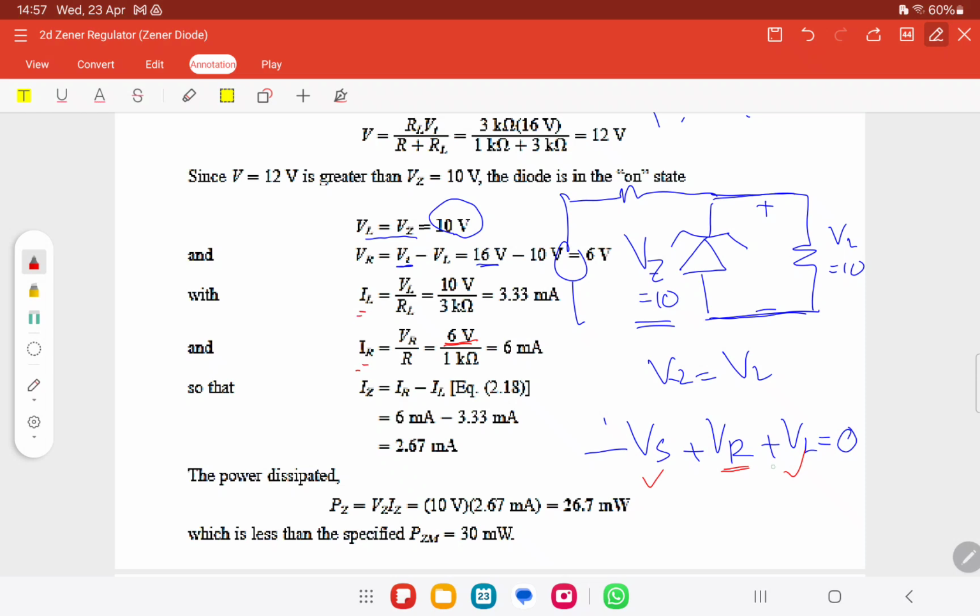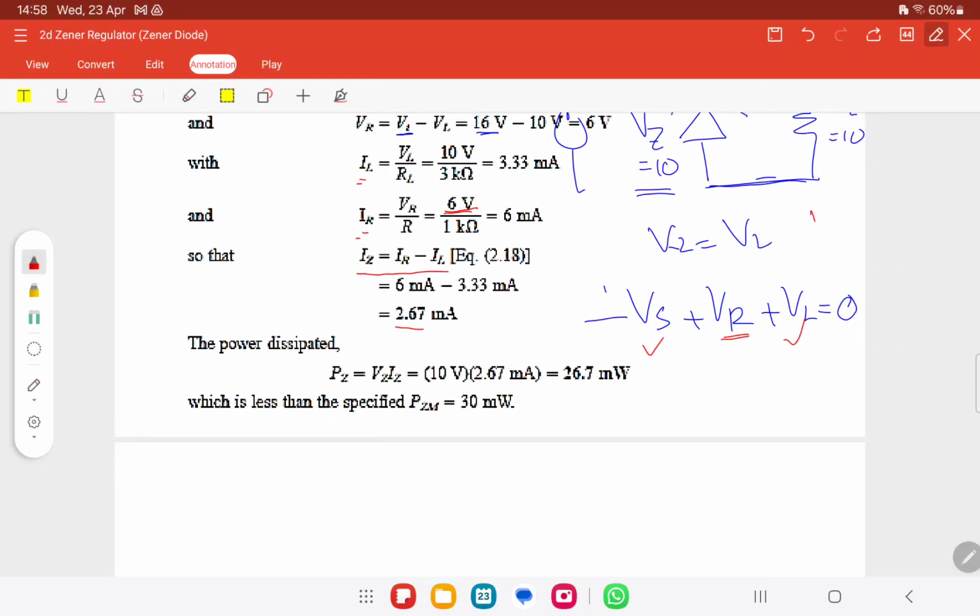Untuk the IL, straight away IL kat sini kan. So the IR equals to voltage bagi dengan resistor lah. Okay. And then we have this IR, we have this IL, so we can get the IZ. Okay, so kat sini IZ equals to IR minus IL. Okay.